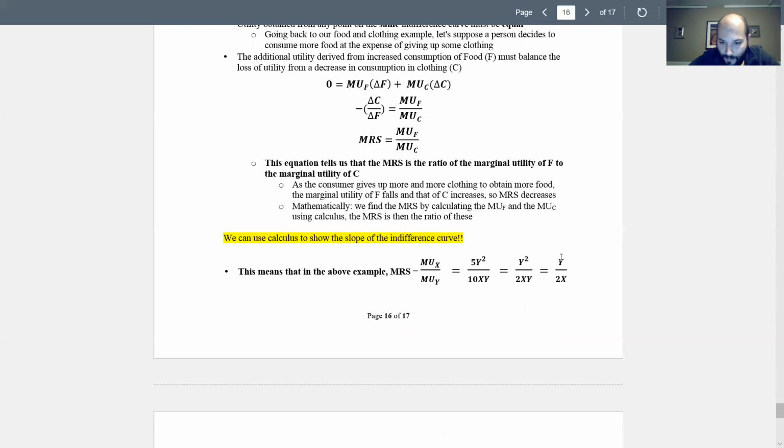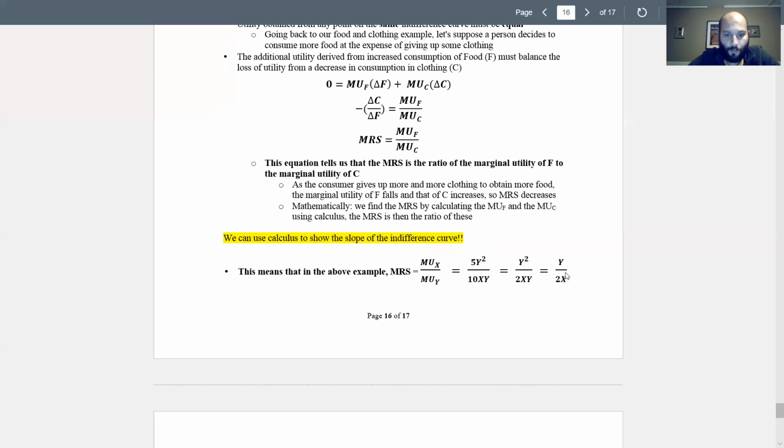And then we're going to divide this 5 down. We get y over 2x. So we've canceled the y's, and the x is there.